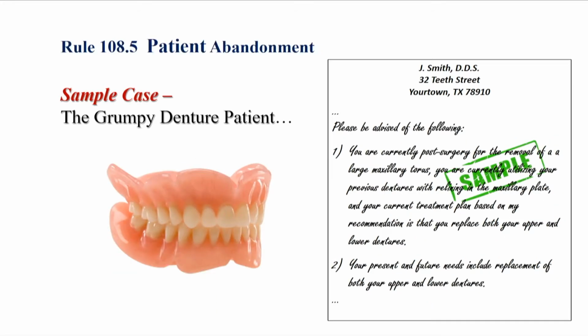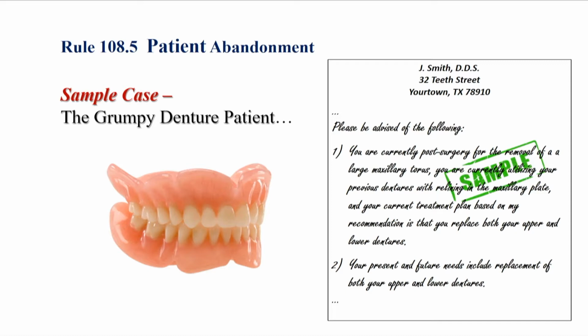Number one, you are currently post-surgery for the removal of a large maxillary torus. You are currently utilizing your previous dentures with relining in the maxillary plate, and your current treatment plan based on my recommendation is that you replace both your upper and lower dentures.